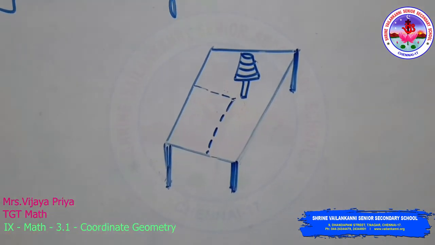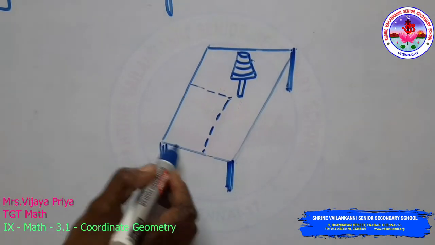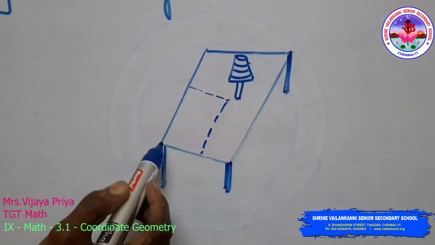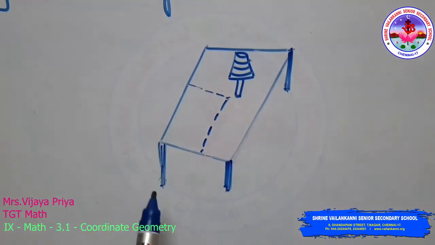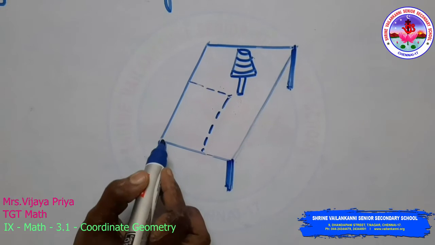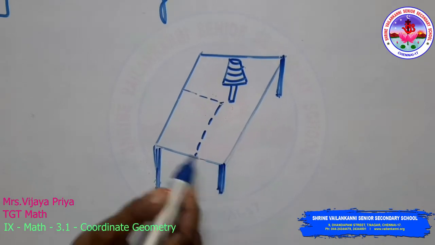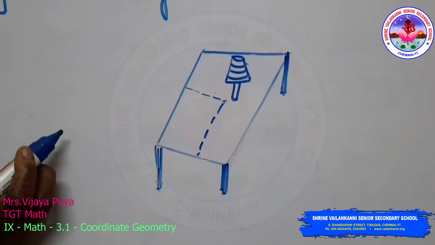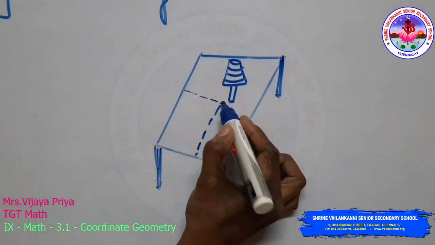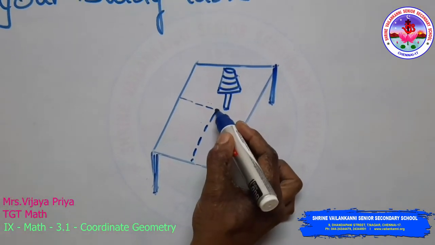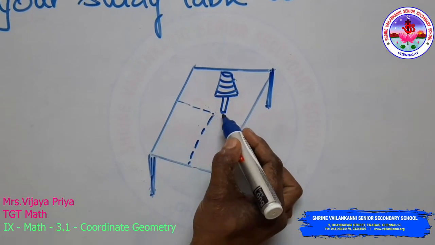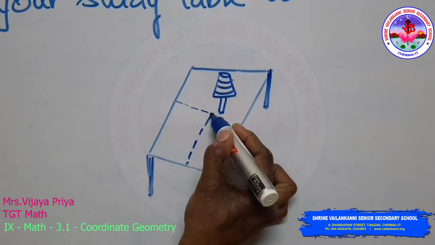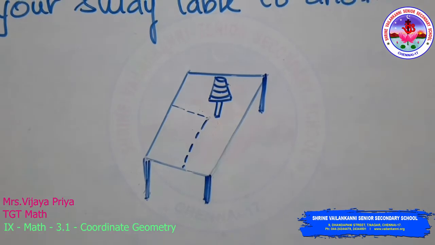First, let us take two edges of the table that are perpendicular to each other. We will take one edge as the x-axis and the other edge as the y-axis. Now we are going to see the position of the table lamp. I need to find my x point and y point to represent the position of the table lamp here.